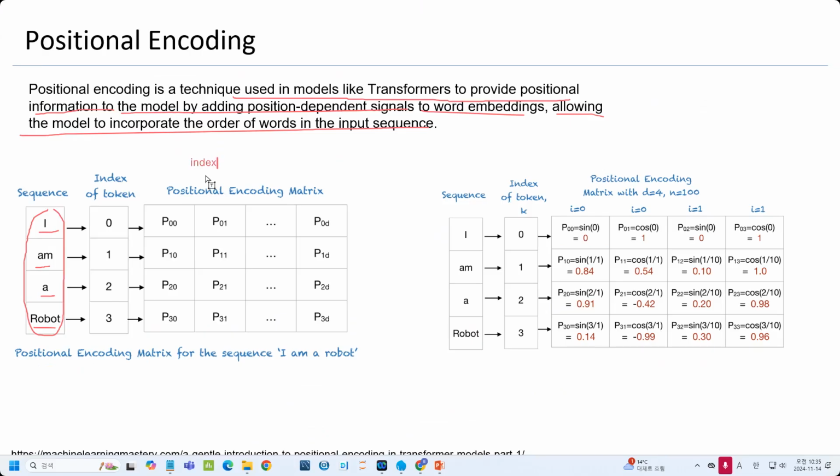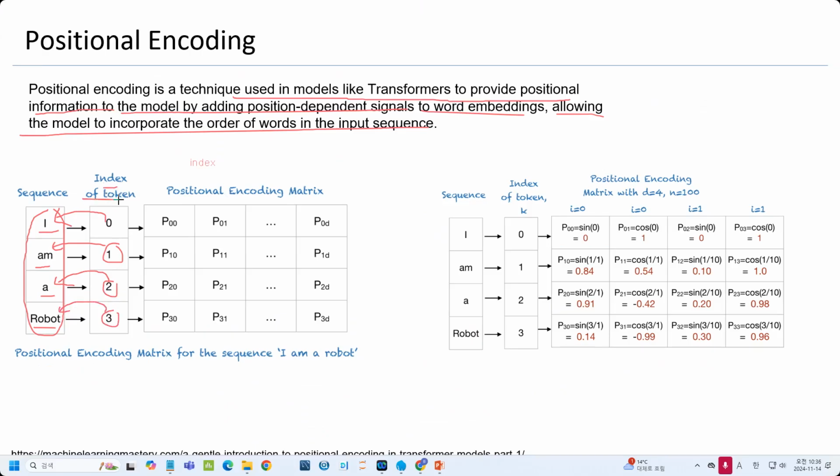We learned that if you want to put words into a neural network, every word should have an index. So in index 0, let's make it the word "I". For index 1, the word "am". For index 2, the word "a". And for index 3, the word "robot". This is the index of the token.